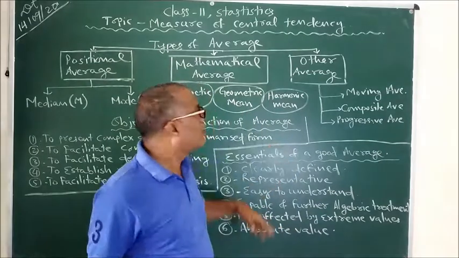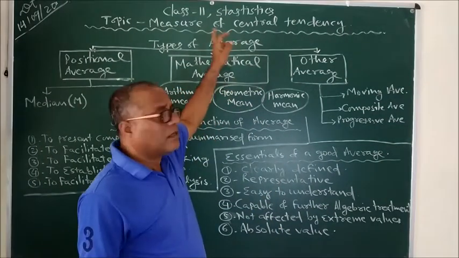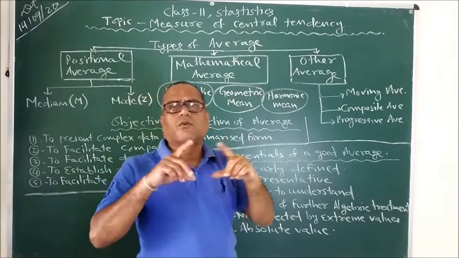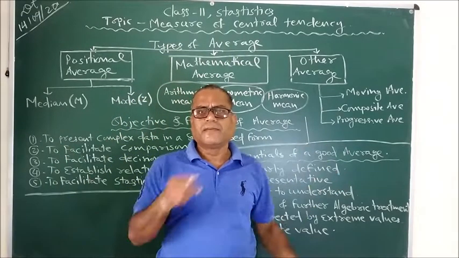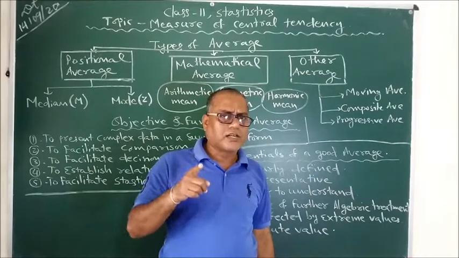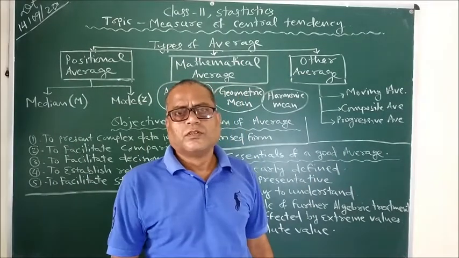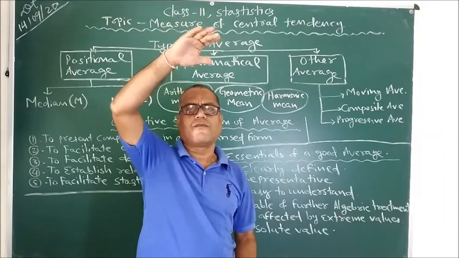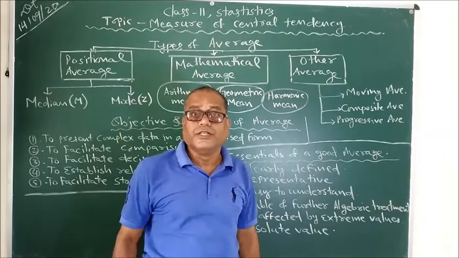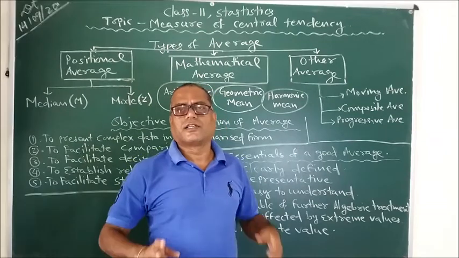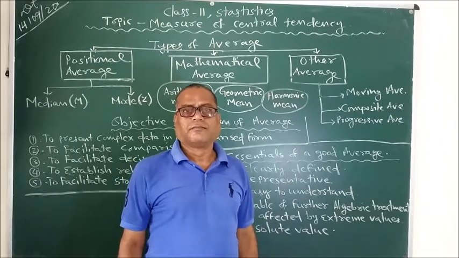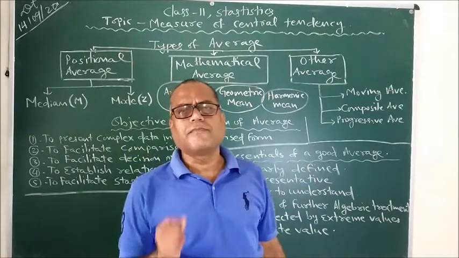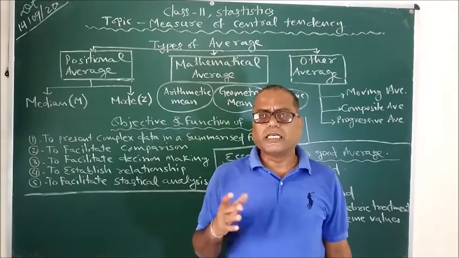But we would start our discussion from the measure of central tendency and how we are going to define the phrase. Suppose we have got hundreds or thousands of values regarding our statistical inquiry. We are not interested in all the values at the same time because we cannot make use of them.